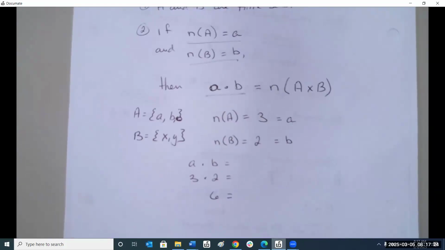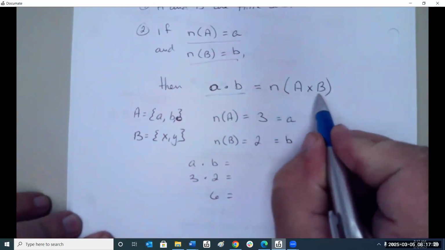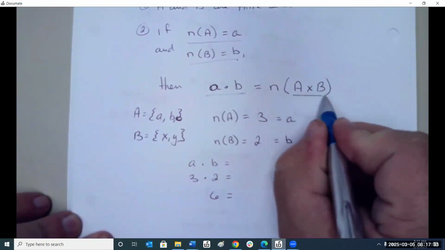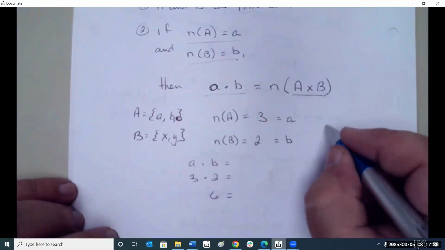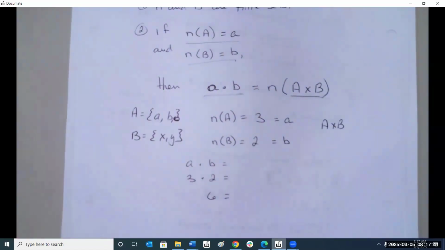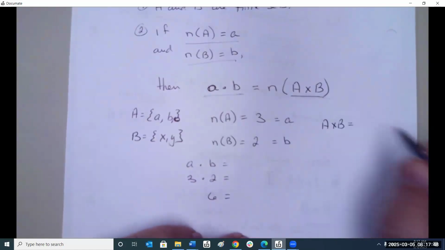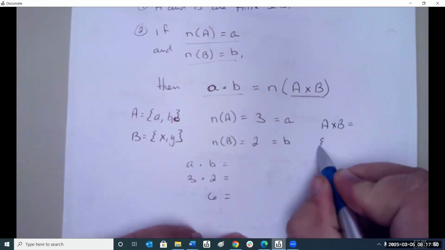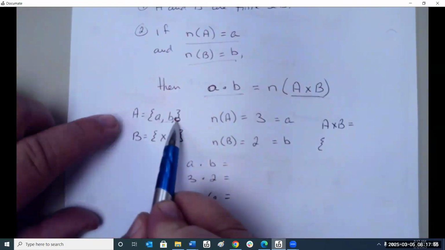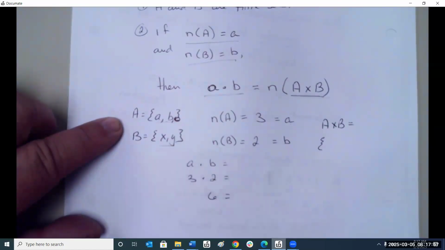That's the easy part. How does that relate to sets? What does this mean? We first have to look at A cross B. You don't read it A times B, you read it A cross B, because it's a Cartesian cross product. What this consists of is that each element of the first set is multiplied to each element of the second set.